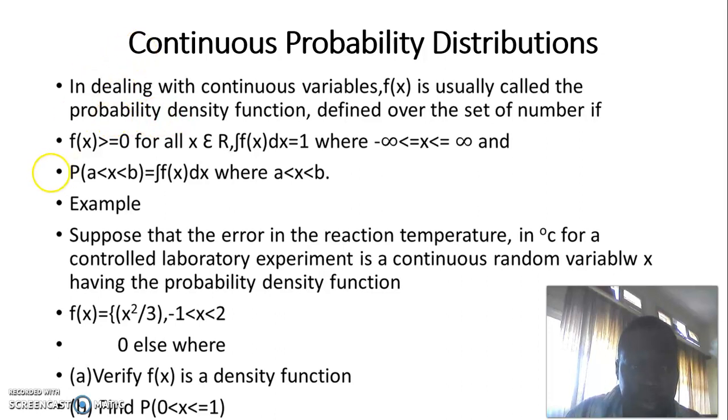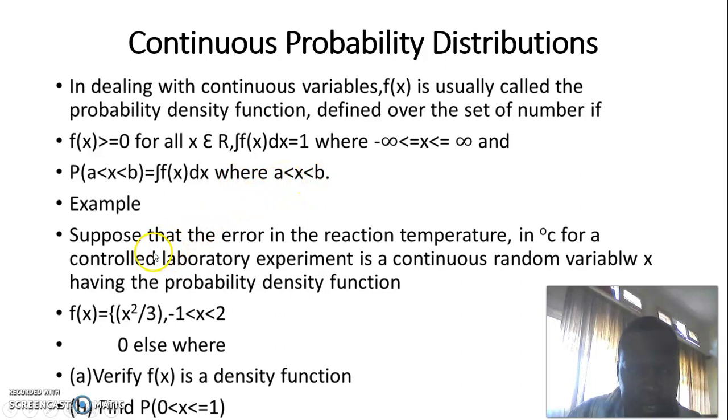If f of x is greater than 0 for all x on the real number line, then the sum of the probabilities with respect to x should be equal to 1, where x is between positive infinity and negative infinity. The probability that x is between a and b is equal to the integral of f of x dx, where x is between a and b.